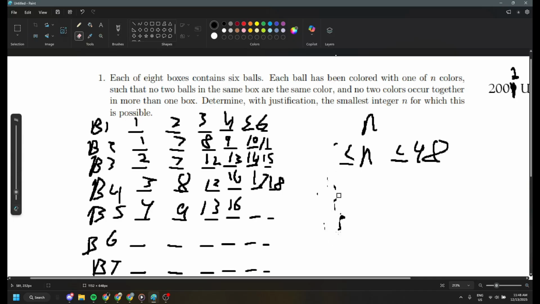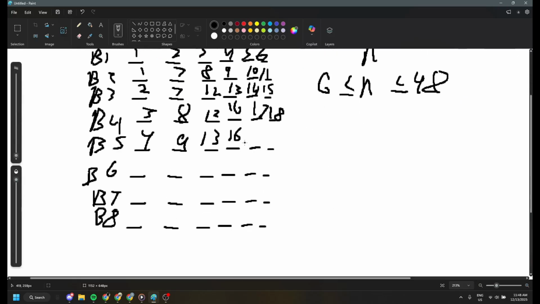I'm not sure if we've fully eliminated all of these. 16 can't go with any of these, so we have to choose another one, 19, and then 20.